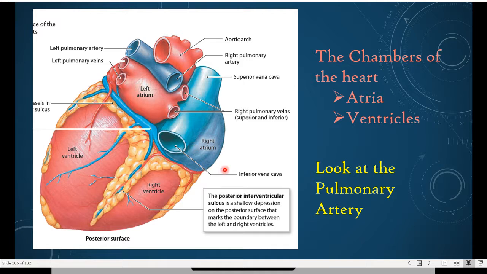From the right atrium through the tricuspid valve, down to the right ventricle, and then up through the pulmonary artery. Here's your left pulmonary artery here, and your right pulmonary artery, because we have two lungs, it's going to go both ways.